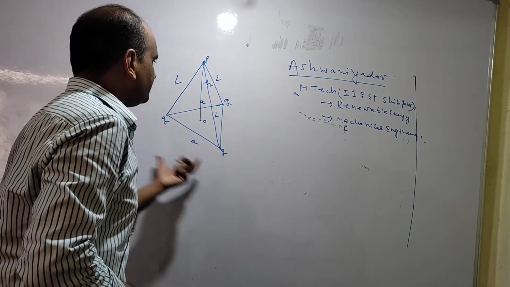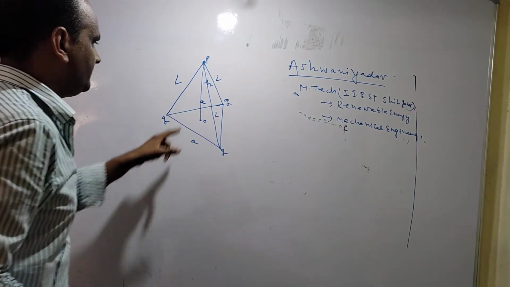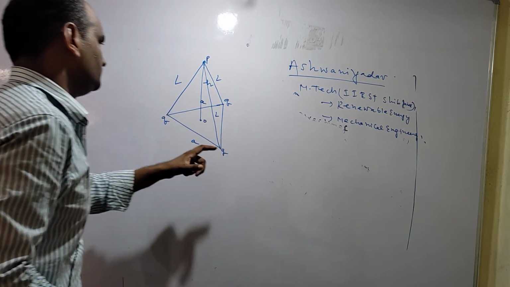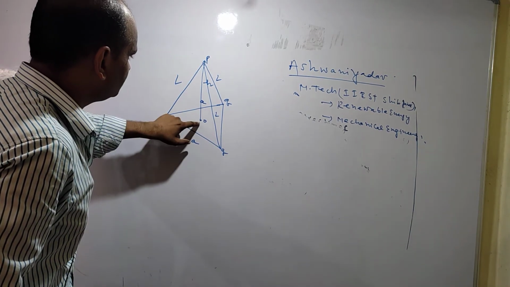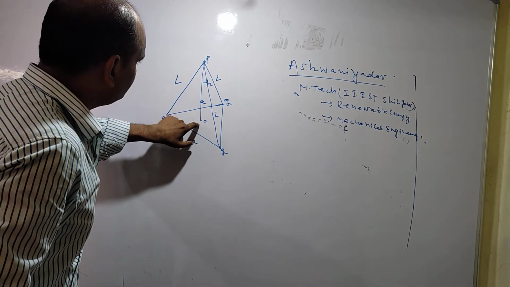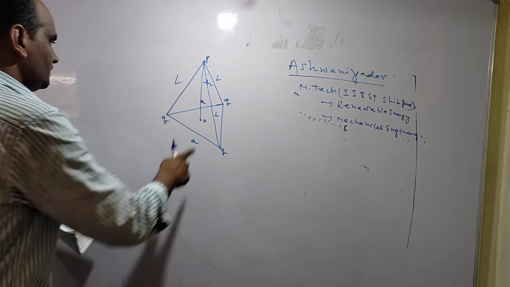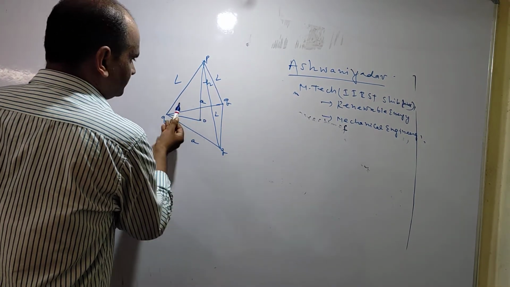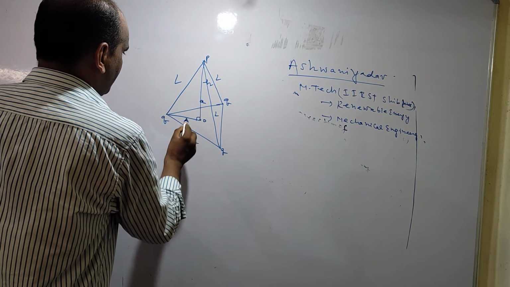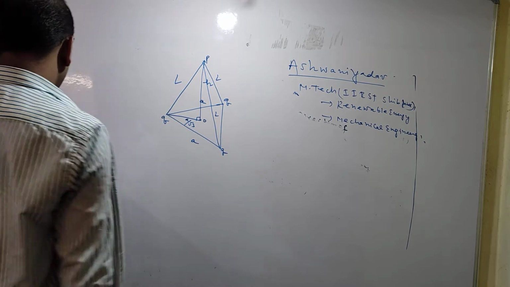Otherwise, how can it be in equilibrium? There would be some torque, and the torque should be balanced too. So the point of suspension P will be collinear with the point O.